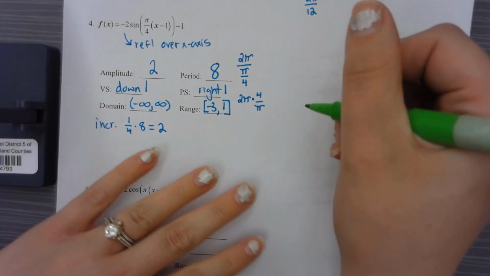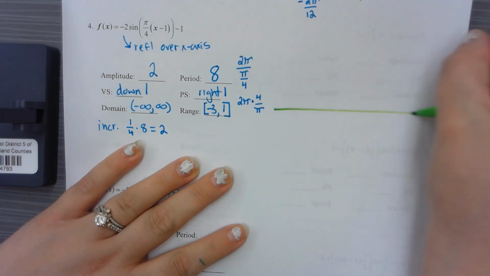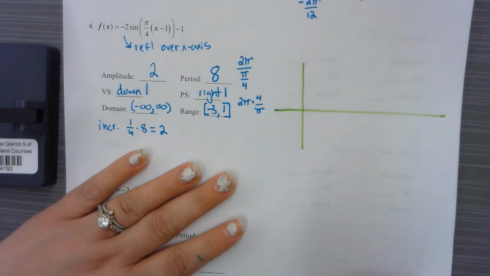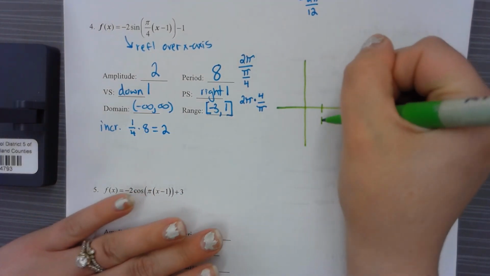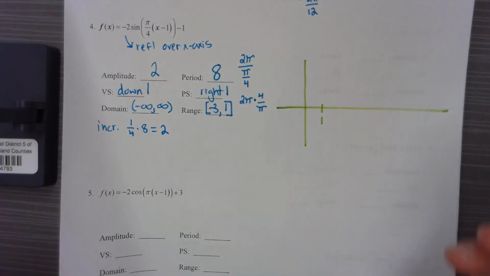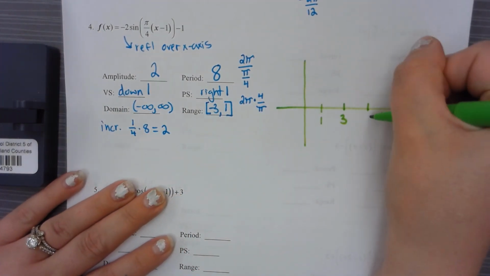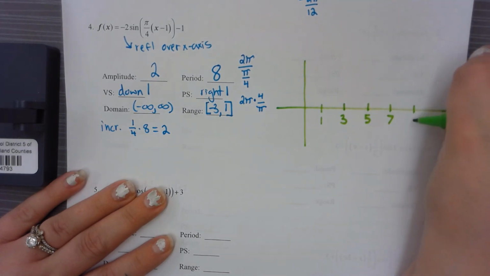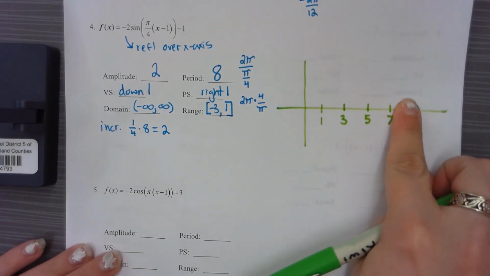Okay, so if I'm shifting to the right one, where am I starting? At 1. Okay, and then my increments are by 2, so what should be my next tick mark? 3, and then 5, and then 7, and then 9. And that gives us 1, 2, 3, 4 increments.